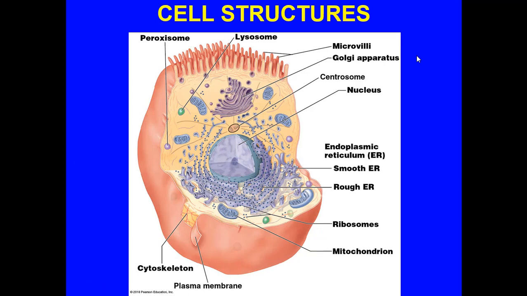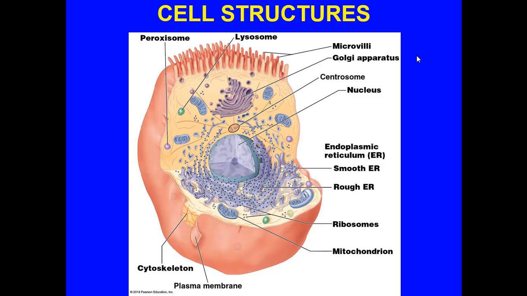I strongly encourage you to take the time and review some of these type of diagrams so that you can identify with a certain level of certainty nucleus, centrosome, endoplasmic reticulums of the smooth endoplasmic reticulum or the rough endoplasmic reticulum, ribosomes, mitochondria, cytoskeleton, the plasma membrane.